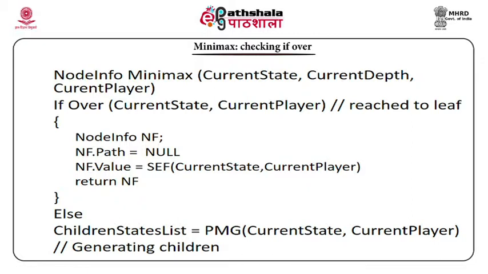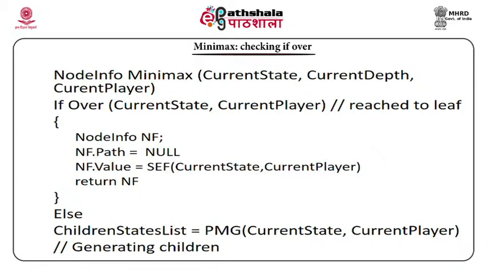Based on these two, it comes back with the static evaluation function value. I could also have specified current state only, but providing player will give you a better idea about how good or bad that function is. The over function thus returns the structure, the node info structure, which is very important for us.